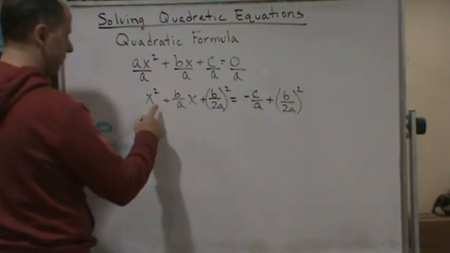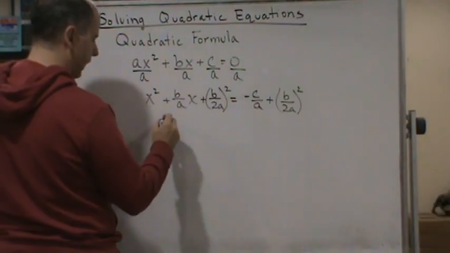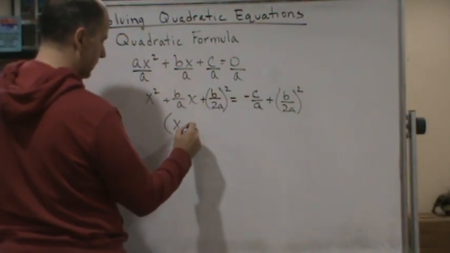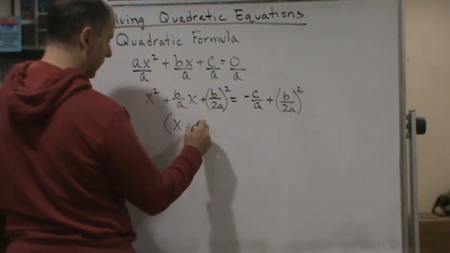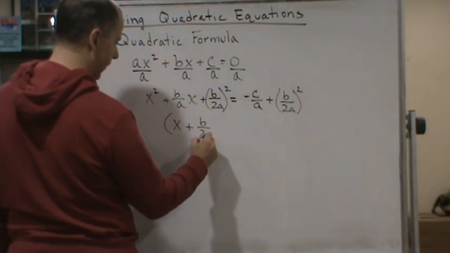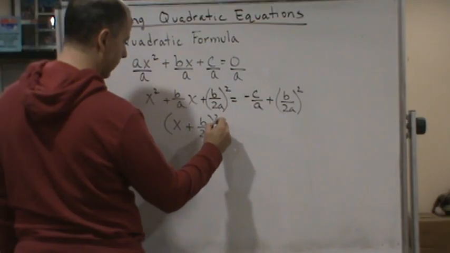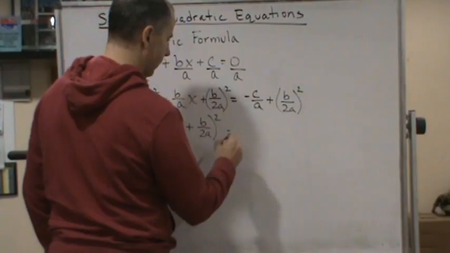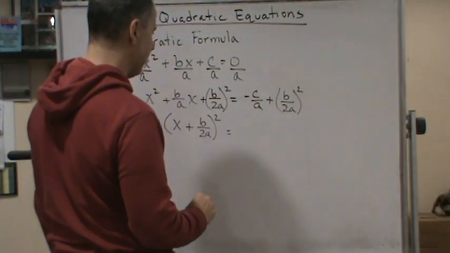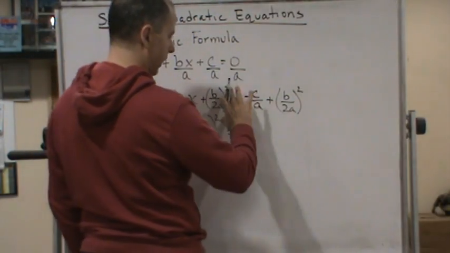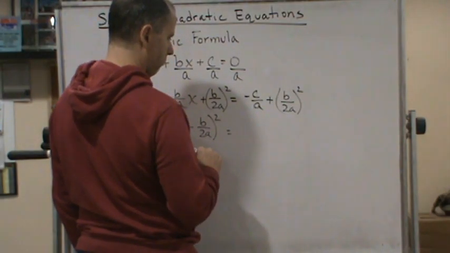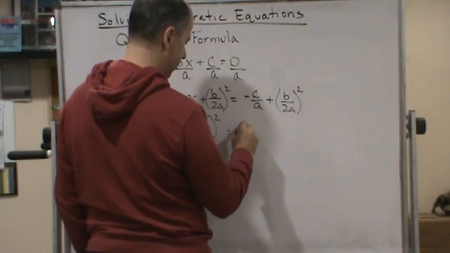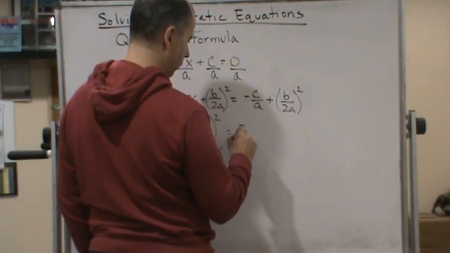And so now I've got a perfect square trinomial, and this will factor to x plus b over 2a quantity squared is equal to, well, I can simplify it later.